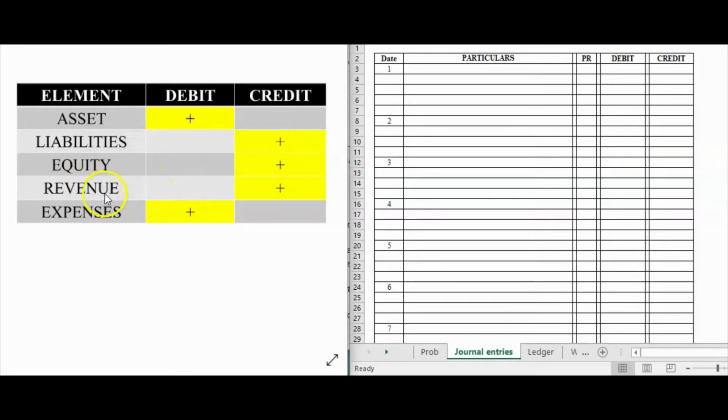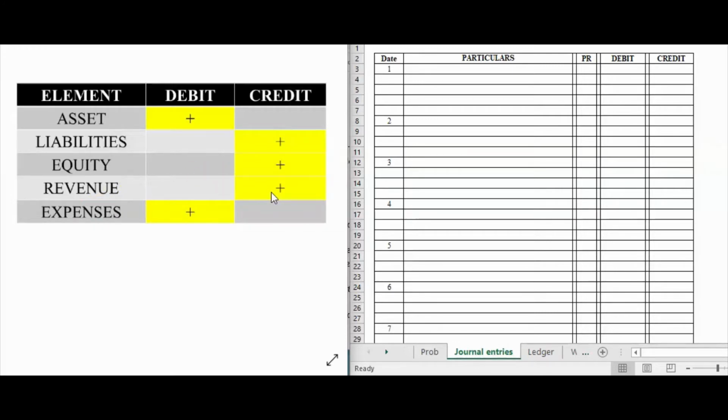Revenue comes in many forms. The normal balance is credit. Examples ng revenue, we have service revenue in general. We have professional fee. Pag ang business mo is a school, ang pwede mong itawag sa revenue mo is tuition fee, miscellaneous fee.